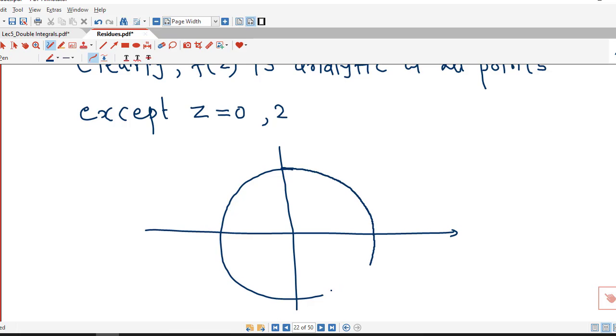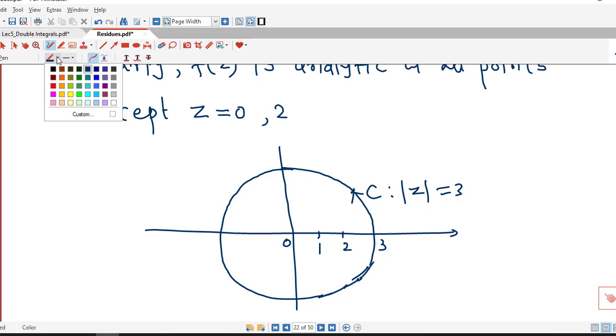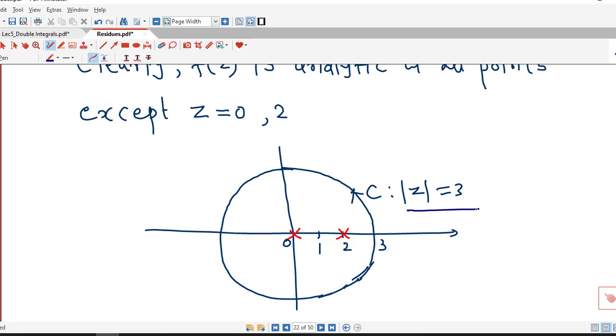This is just for understanding, so this is a rough sketch. Suppose this distance is 2, so this is the circle mod z equal to 3, and z equal to 0 and z equal to 2 are inside the given simple closed contour mod z equal to 3.